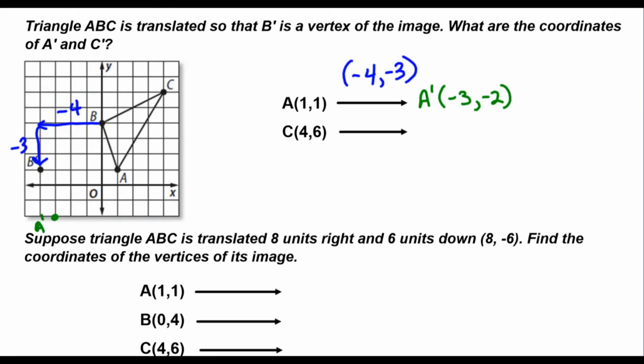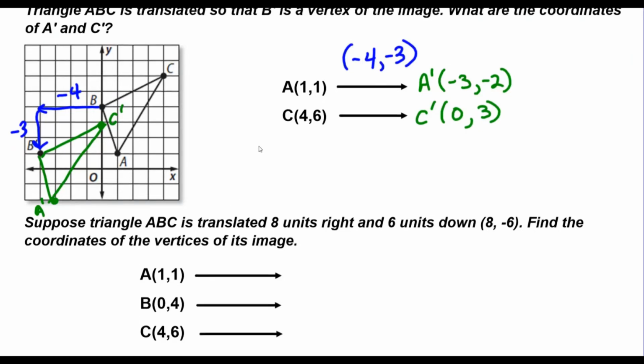So A prime is going to slide there. And then C, if I take 4 away from the x value, I get 0, and if I take 3 away from the y value, I get 3. So C prime is going to be at 0, 3, which is right here. And then if I connect those points, I get an identical triangle that was slid, or translated, 4 units to the left and 3 units down.